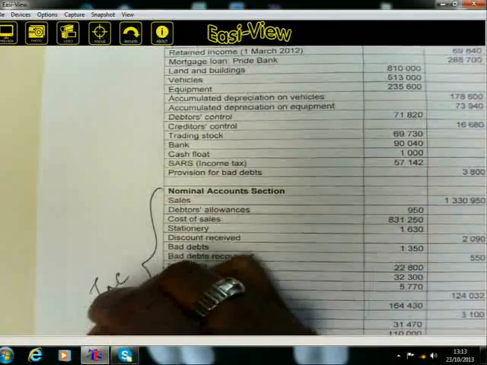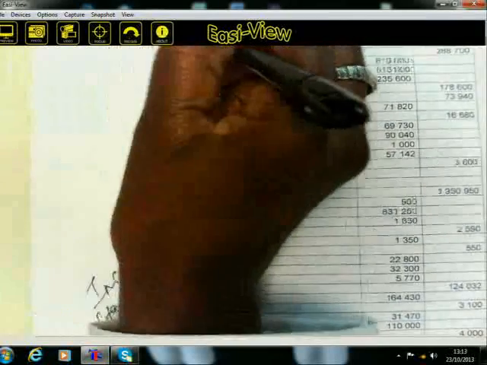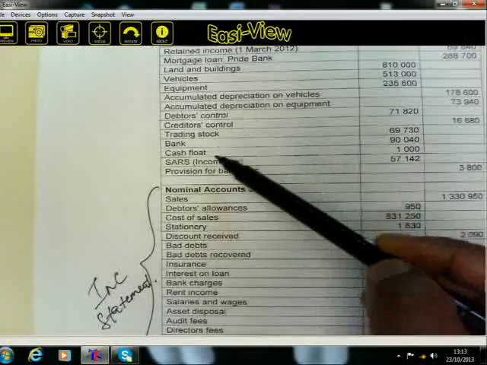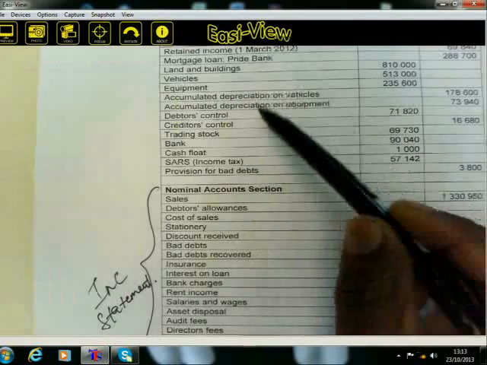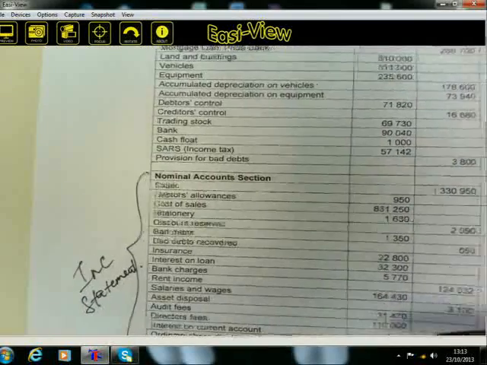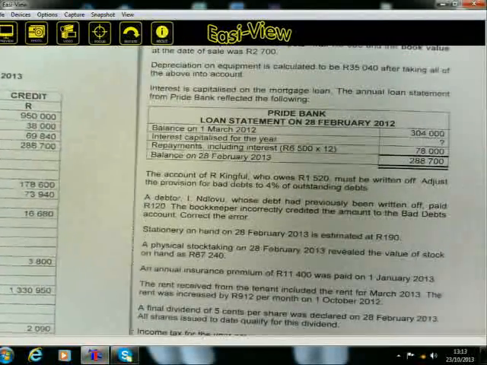So for the income statement, we will use the bottom section, and for the balance sheet, it clearly says the balance sheet accounts. So these are all the accounts that have to be in the balance sheet. So let us concentrate on the nominal account section to prepare the income statement.